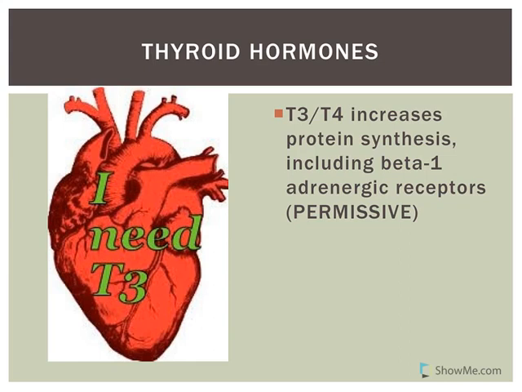The more T3, T4 that you have, you'll increase the number of beta-1 adrenergic receptors, which will make you more sensitive to sympathetic input, or the epinephrine or norepinephrine released by the adrenal medulla. So the thyroid hormones ultimately also promote increased heart rate and contractility.